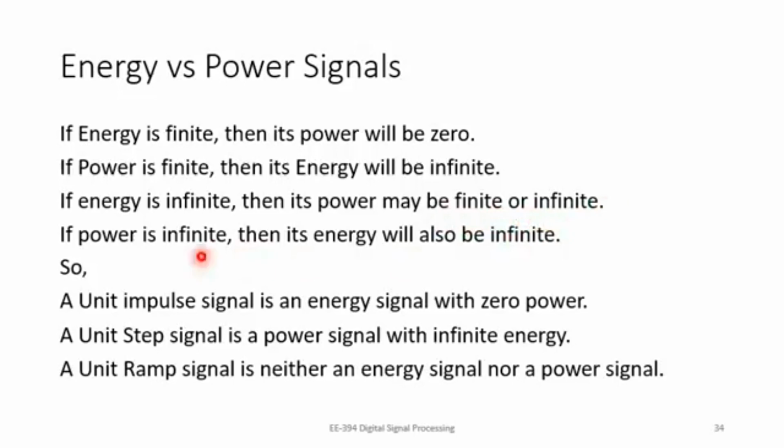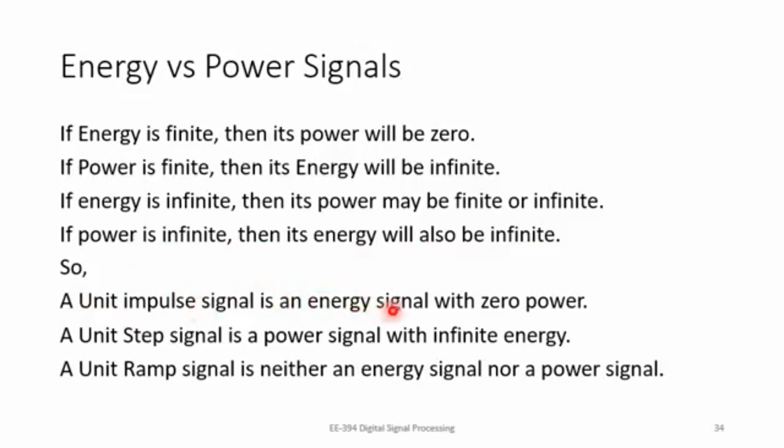Just like in the ramp, the energy was infinite and the power was infinite as well. And similarly, if the power is infinite, then through intuition we can expect that its energy will also be infinite.